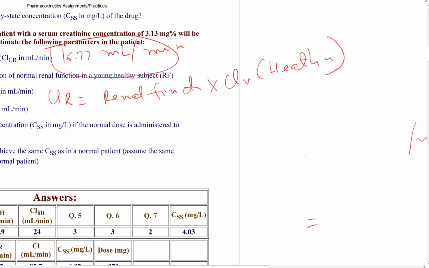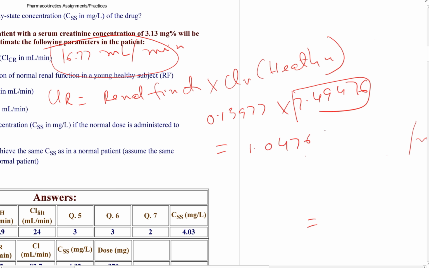So renal function is 0.13977 times 749,476 from part 1, and this is going to be 1.0476 milliliter per minute.